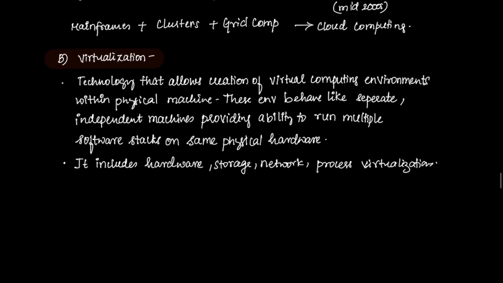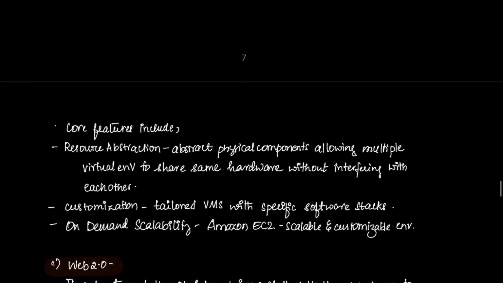In the context of cloud computing, virtualization enables several core functions. The first one is resource abstraction. It abstracts the physical layer like the storage, CPU, and network, and allows multiple virtual environments to share the same hardware without interfering with each other.